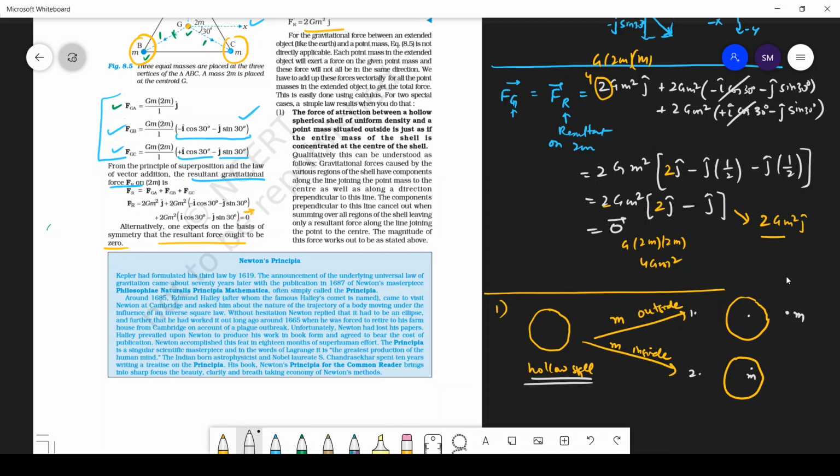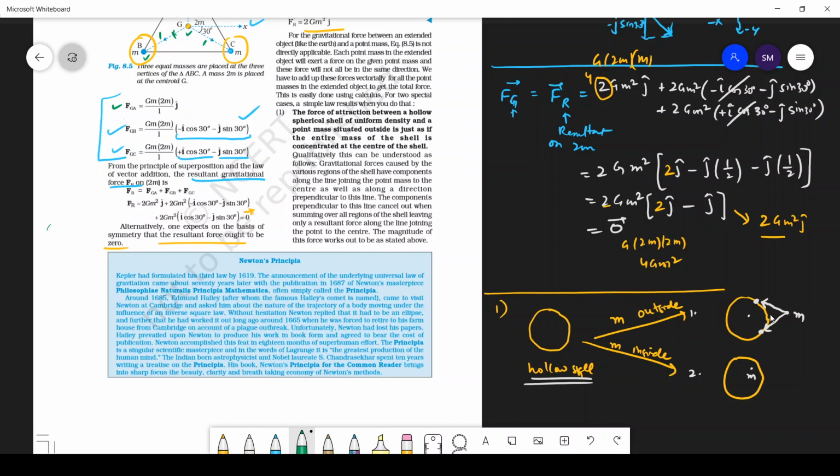Now suppose this hollow spherical shell consists of a lot of particles. So there is one particle over here, and of course there will be a particle exactly symmetric to it. So this particle will pull this mass on this side, and this particle will pull this mass on this side. So there will be these two forces. What will be the resultant of these forces?